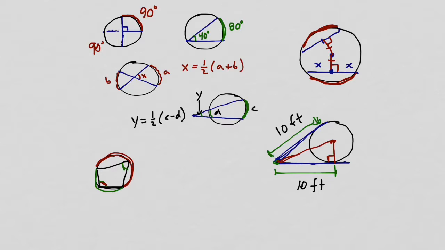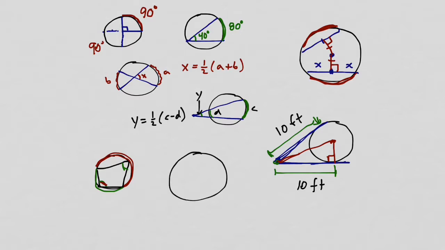So since we divide by 2 to get from the arc measure to the angle measure, we know that opposite angles, these two angles opposite each other in the quadrilateral, have to add up to 180 degrees. They have to be supplementary.